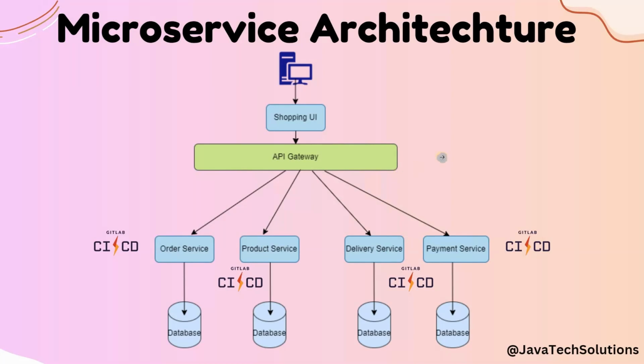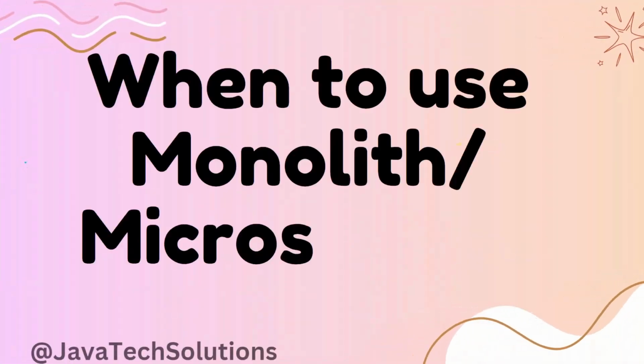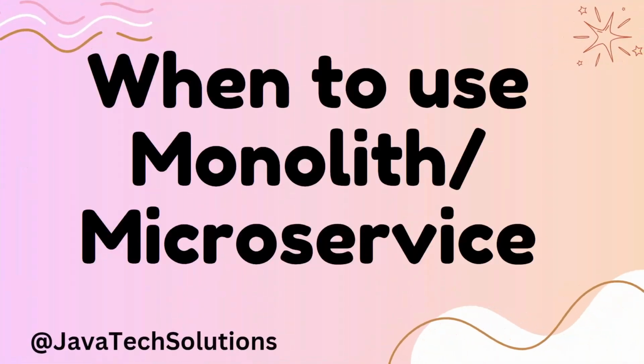Okay, now when are we going to use monolith or microservices? If the application is small and simple, then we can use the monolith. If the development team has limited resources, then we can also go with the monolith.